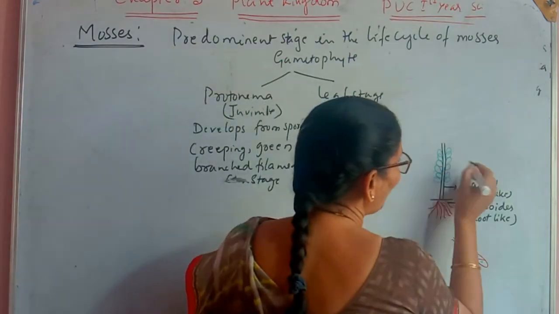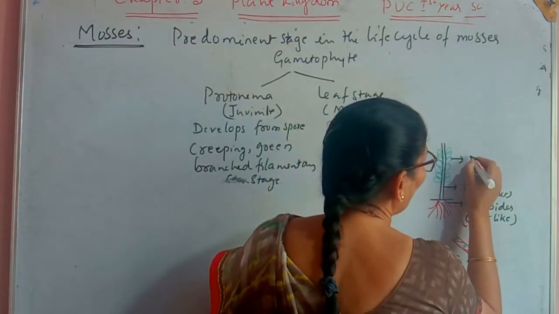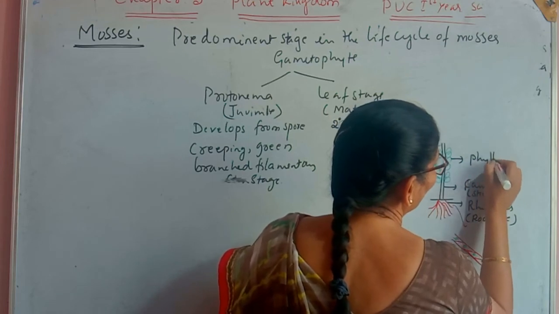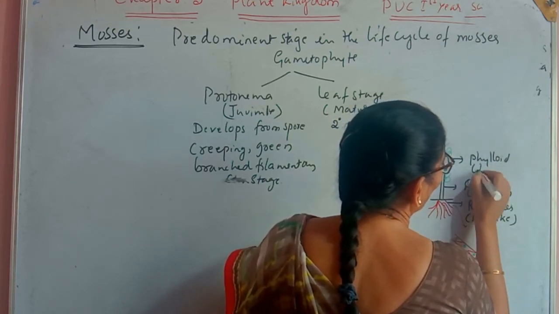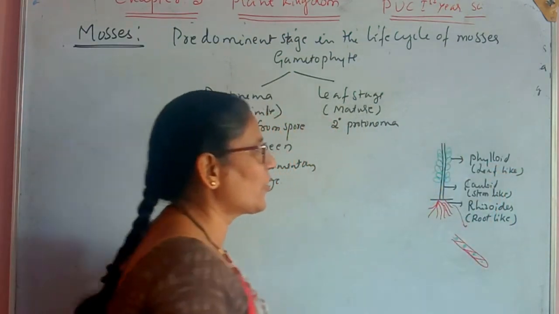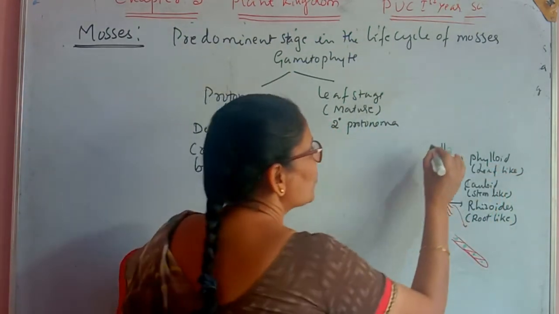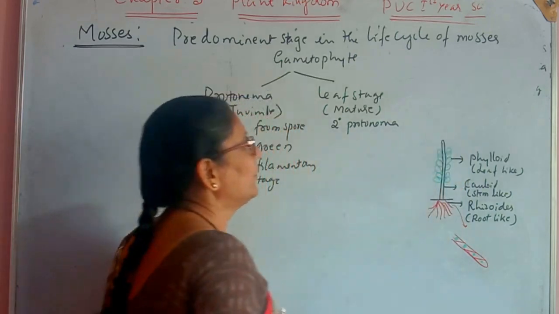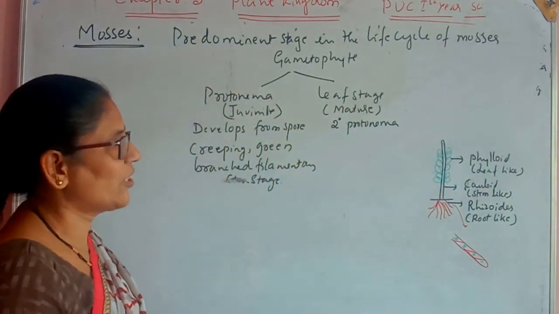These are also not true leaves. They are called phylloids, or leaf-like structures. So this is the structure of the leafy stage.